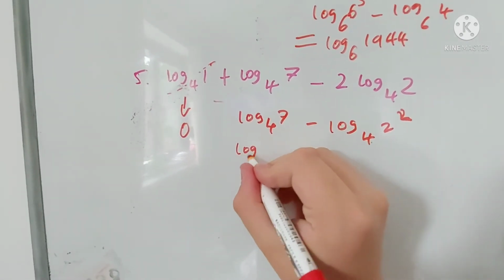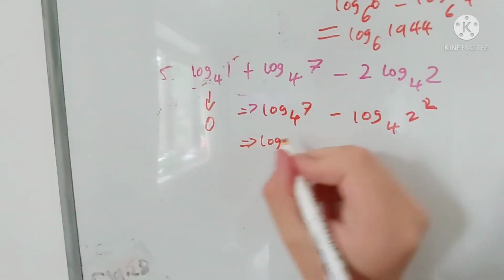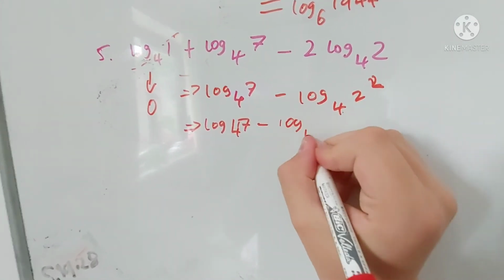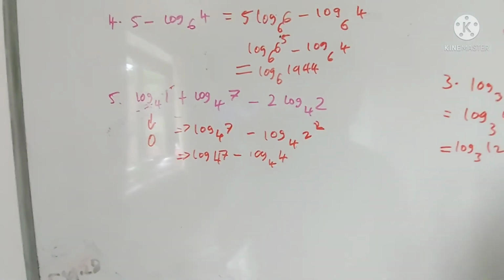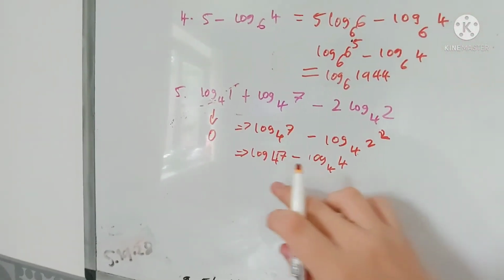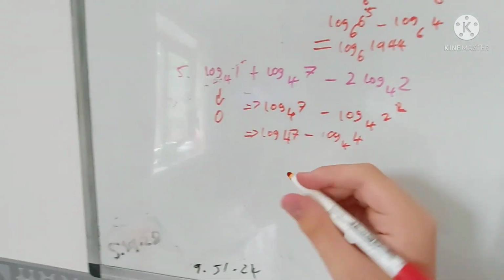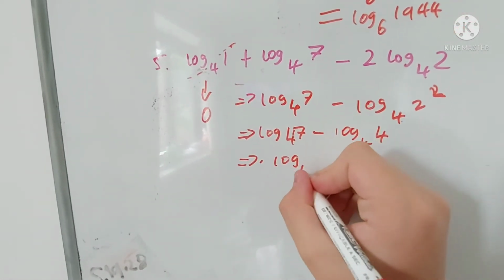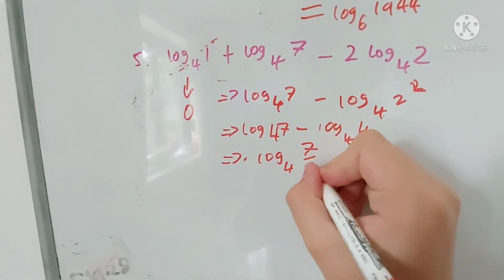Let's sort that out. So we've got log base 4 of 7 minus log base 4 of 4. Well, log base 4 of 4 is 1, so that's just this, take 1. In effect, this is log base 4 of 7 over 4.